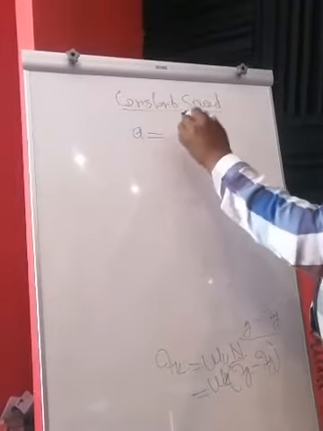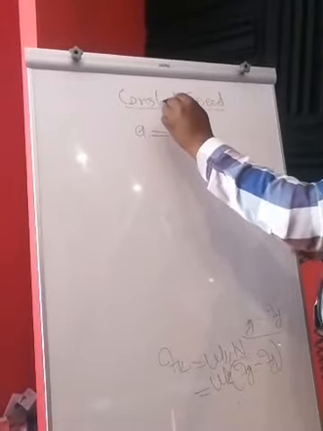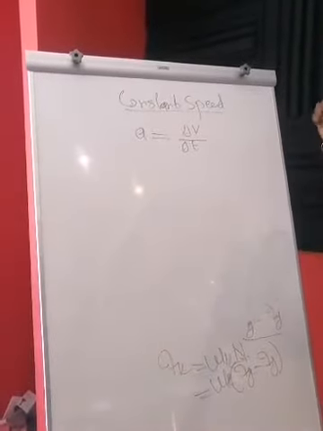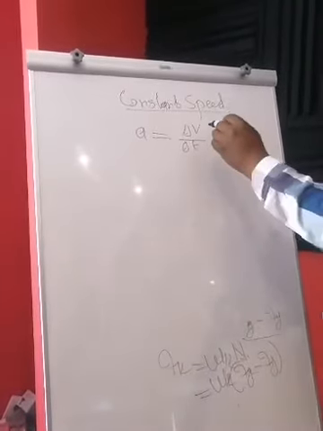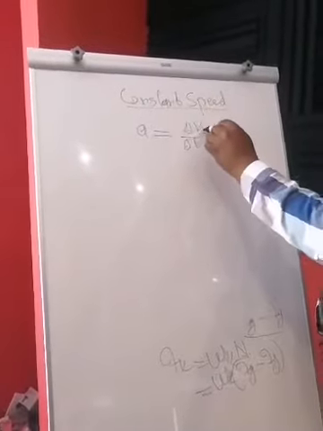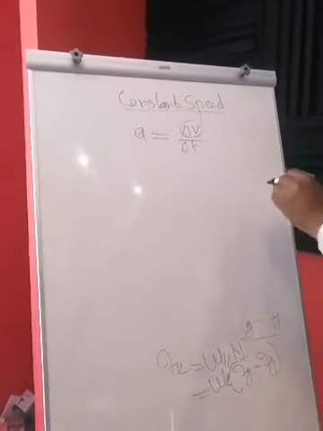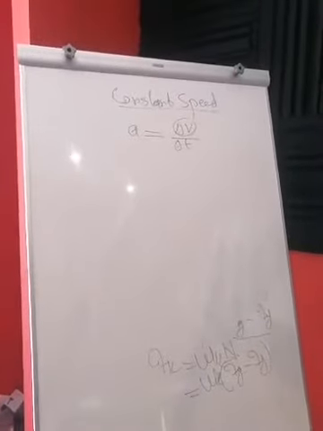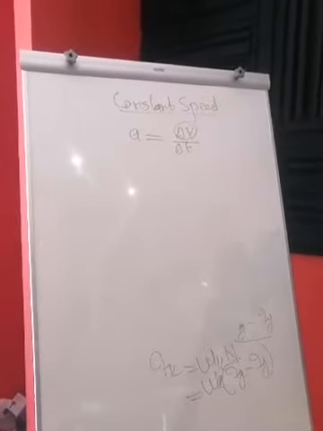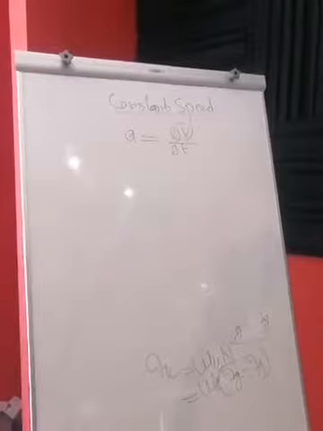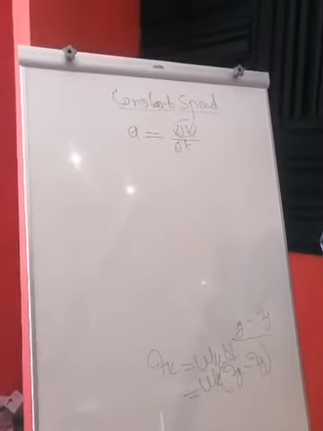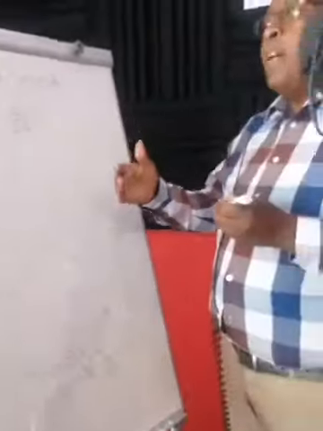But when we are given the statement that the motion is at a constant speed, this means that your velocity, because we refer to speed and velocity as having the same unit. A speed is a scalar quantity which only has magnitude.